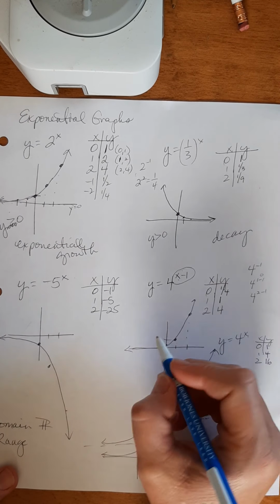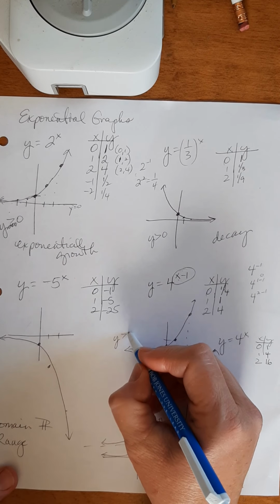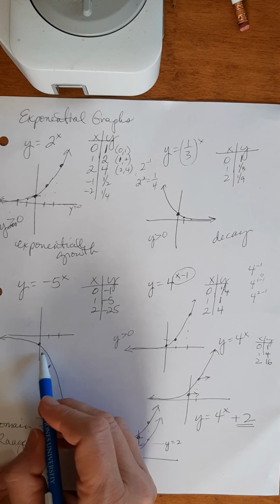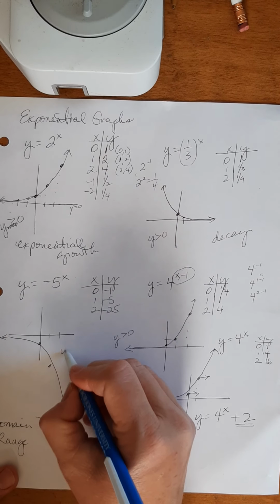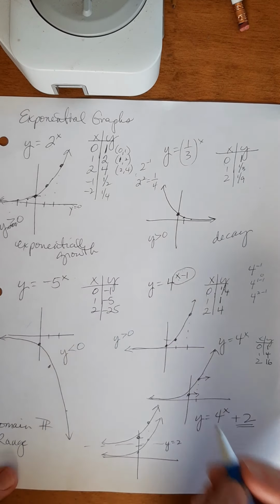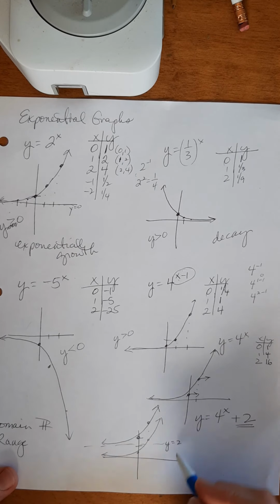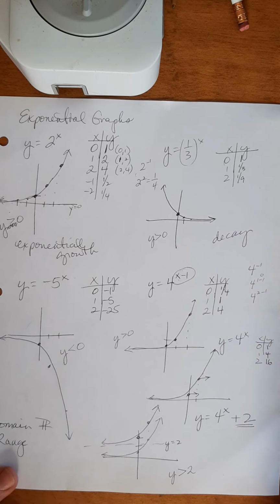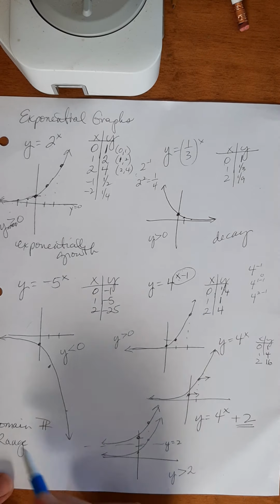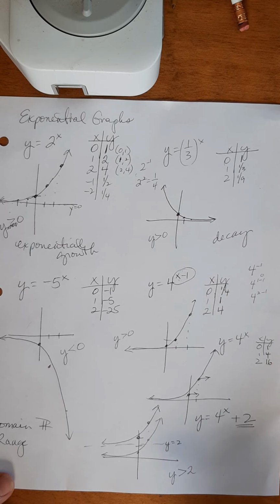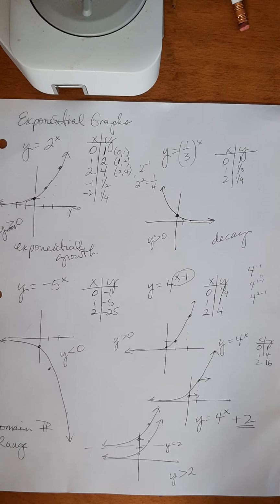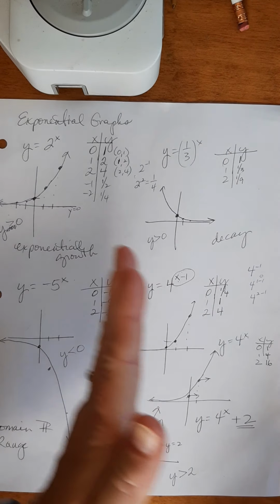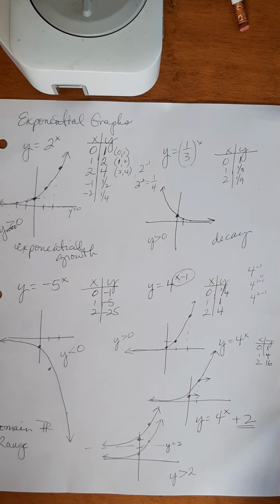This one, greater than 0. This one is below, so range is less than 0. Since this one went up 2, range is greater than 2. And on all of these, domain is all reals, because there are no holes, no gaps, and no vertical asymptotes.